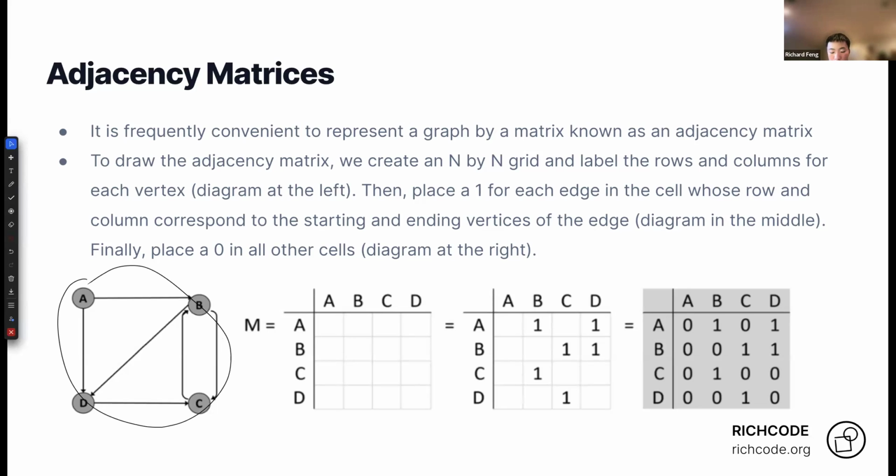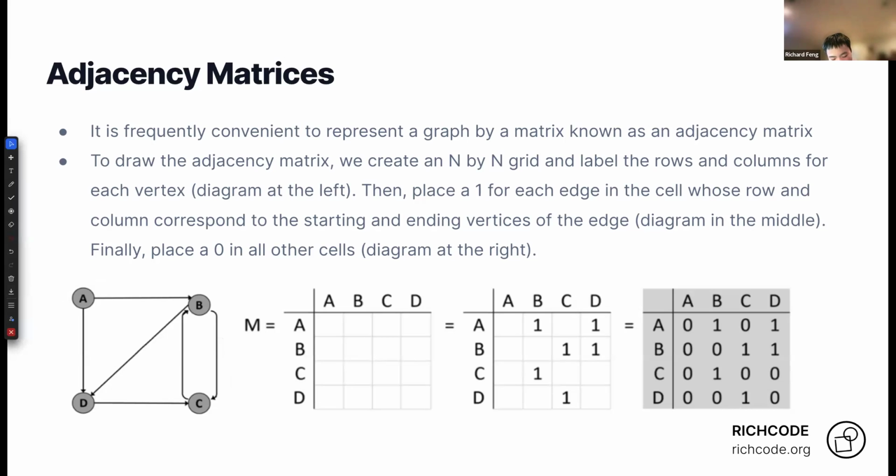And then we made a 4 by 4 grid since there are 4 vertices. And we labeled the rows and the columns with the vertices. Then we can place 1 for each edge in the cell whose row and column correspond to the starting and ending vertices of the edge.